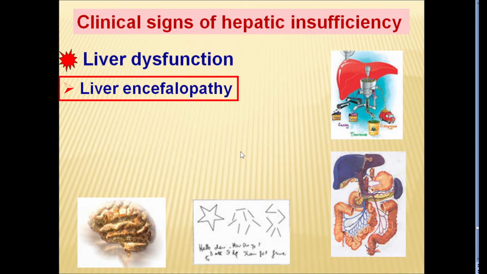Liver encephalopathy may be revealed while talking with the patient, when we see some non-adequate behavior. Early encephalopathy, which is invisible, may be revealed with specific writing tests. You see, the patient cannot connect some figures.